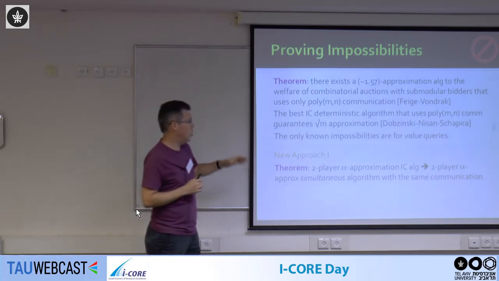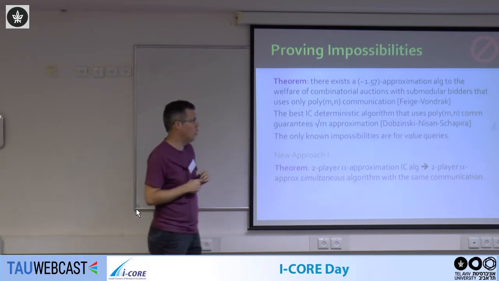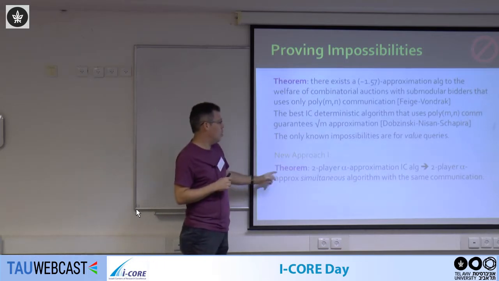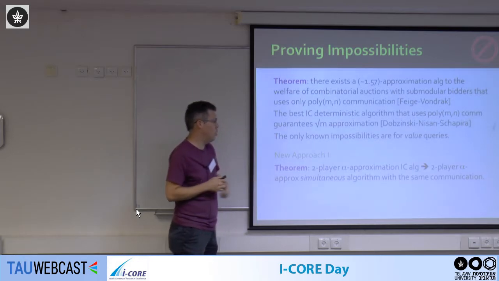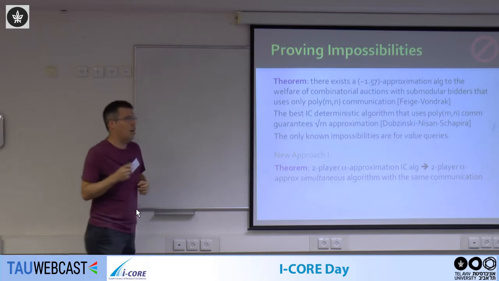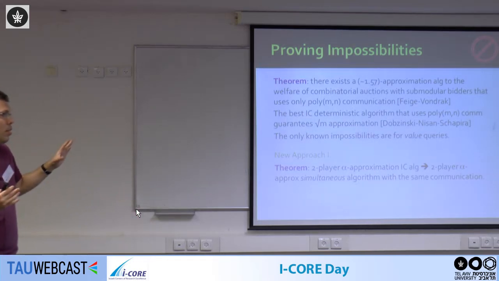We can show that if you have a two-player alpha approximation algorithm that is also incentive compatible, there is also a two-player alpha approximation algorithm that uses simultaneous communication with the same communication. So what is a simultaneous algorithm?